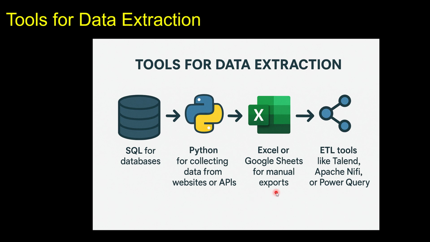Excel or Google Sheets can be used when you download or copy data manually. ETL tools like Talend, Apache NiFi, or Power Query help move and organize data from one system to another. These tools make it easier to bring all the data you need into one place.